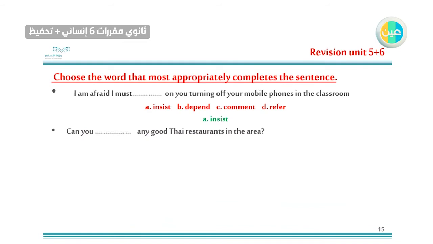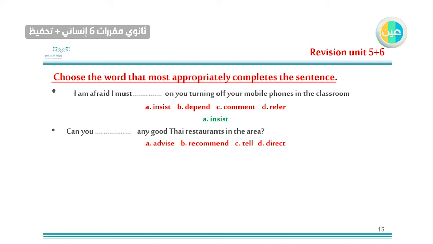Can you any good Thai restaurants in the area? When we ask about a good restaurant, good cafe, good place, it means we want a point of view, or advice. So, advice, recommend, tell, or direct. What is the most appropriate word here to complete the sentence?